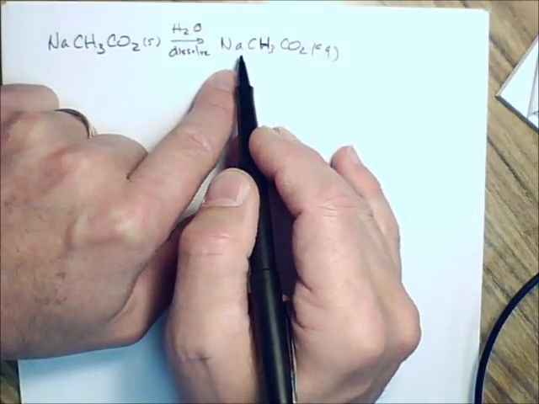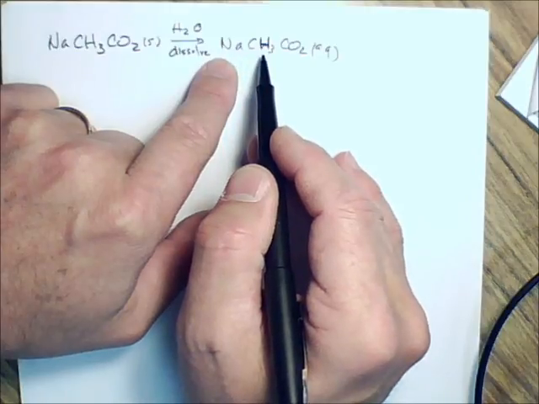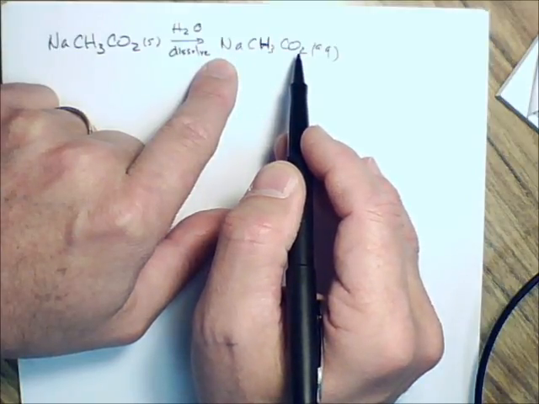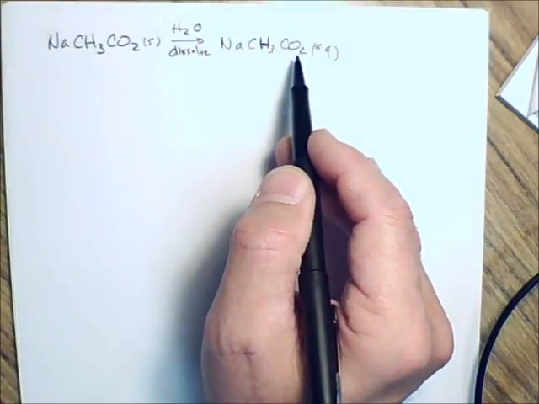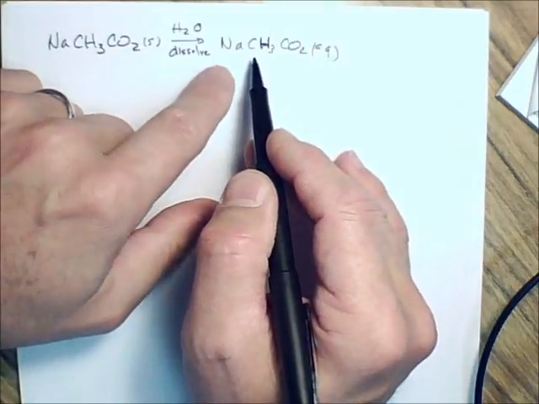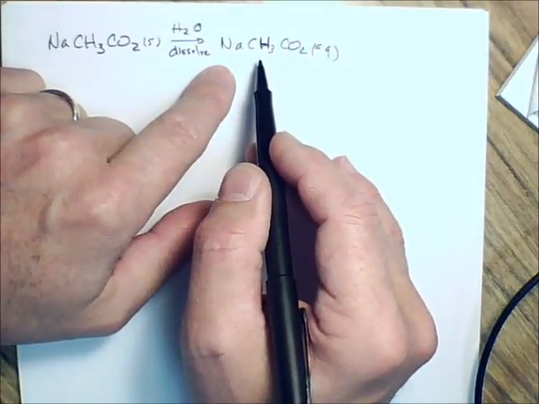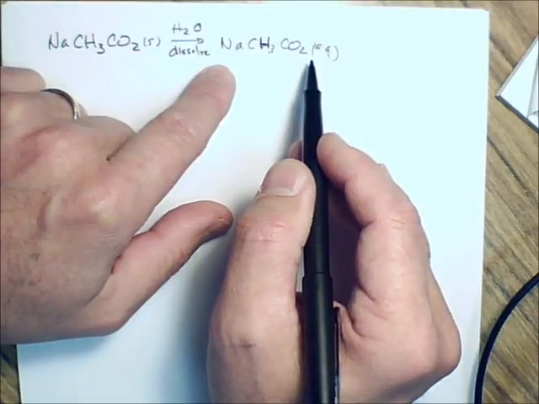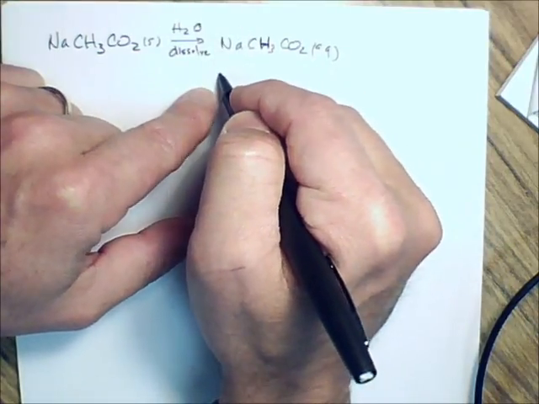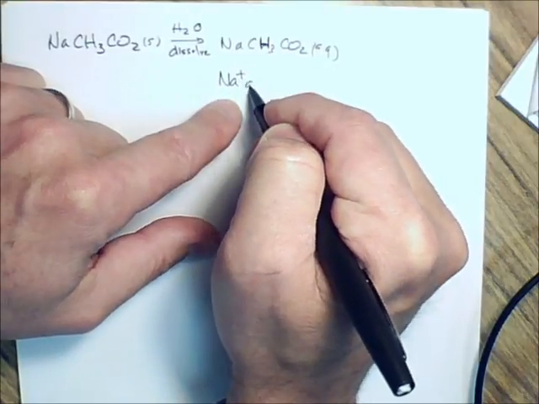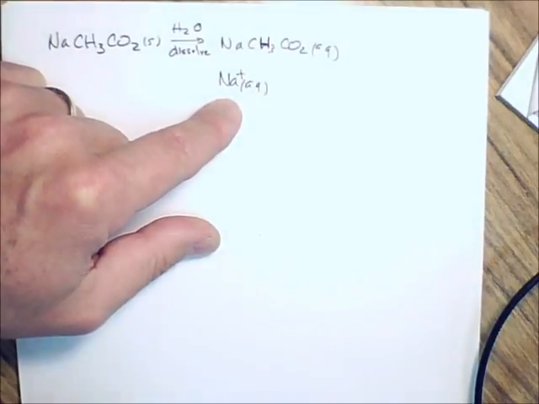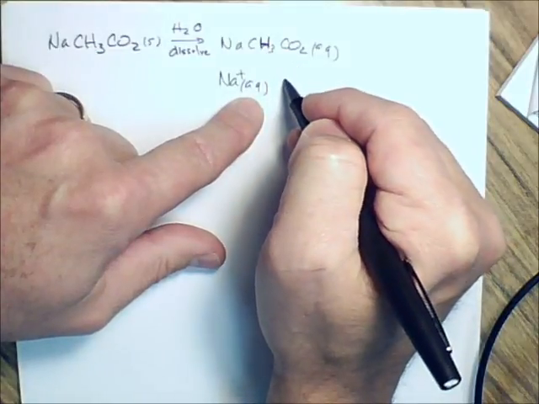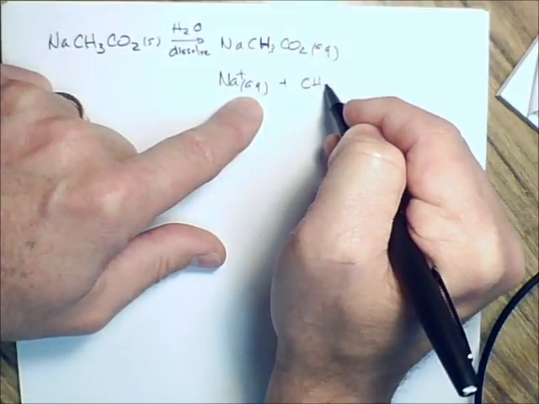Instead of having sodium bonded with acetate, they're no longer bonded together. They've been solubilized. So what they actually are are sodium ions and acetate ions, just like writing the net and complete ionic equations.